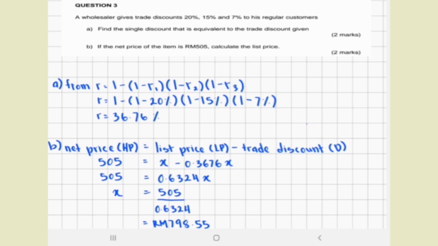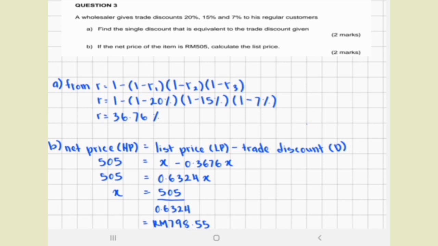So R equals 1 minus (1 minus 20%)(1 minus 15%)(1 minus 7%). So the answer for A is 36.76%.